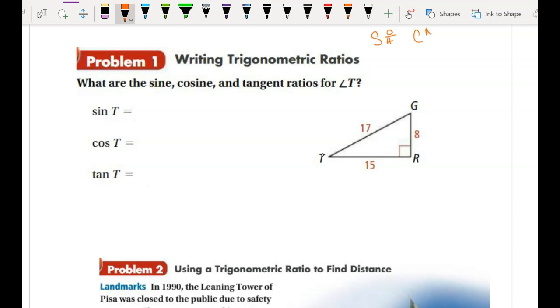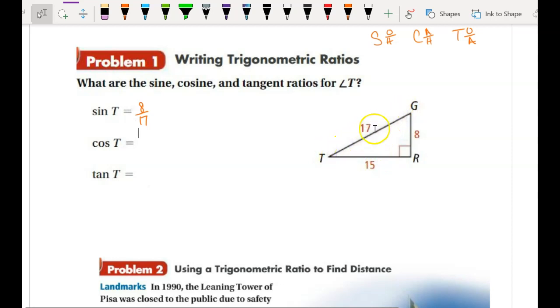So the sine of T, sine is opposite over hypotenuse, so it's 8 over 17. Now let's look at cosine of T. The cosine is adjacent over hypotenuse, so that's going to be 15 over 17.